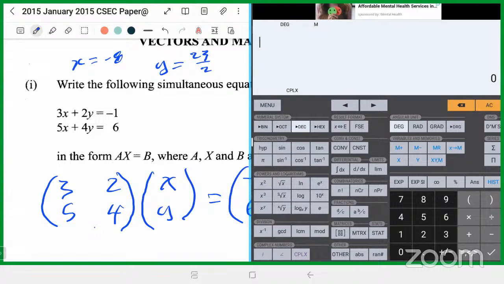All right, let me write it now. It's 3 times -8 and then you add in 23 over 2 times plus 23.